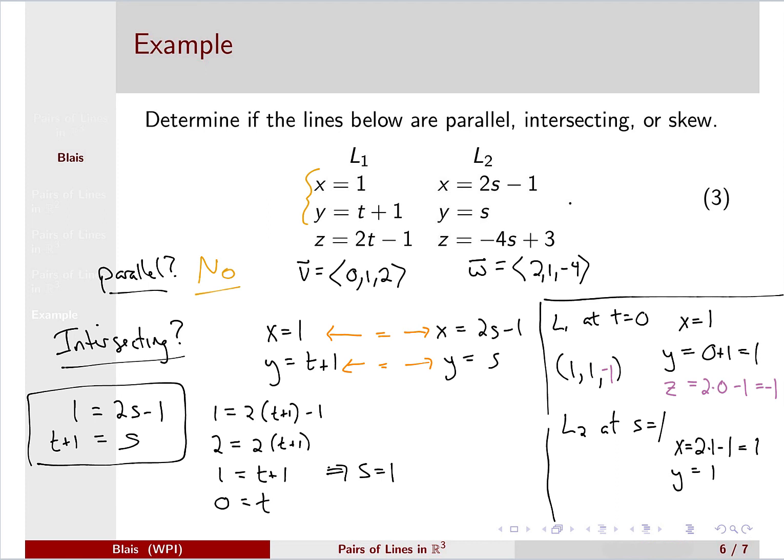And for the z-coordinate, we have minus 4 times 1 plus 3, or minus 1. Thus we see the point 1, 1, minus 1 is on L2, and we have found a point of intersection.